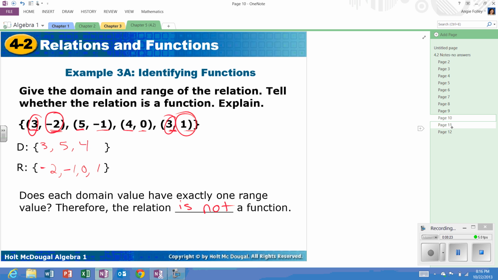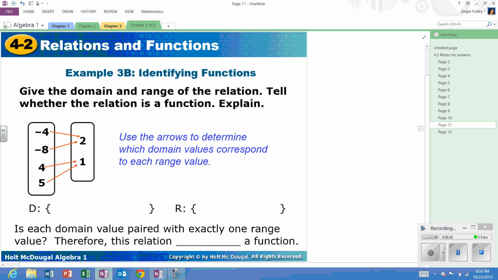All right, let's look at one other example. So this is giving a mapping diagram, and we need to come up with the domain and range. So again, you'll see how the arrows point to what y value it's listed. So if I have to list the ordered pairs here, I would list them as -4, 2, -8, 2, because the -8 is pointing to the 2, 4, 1, and 5, 1.